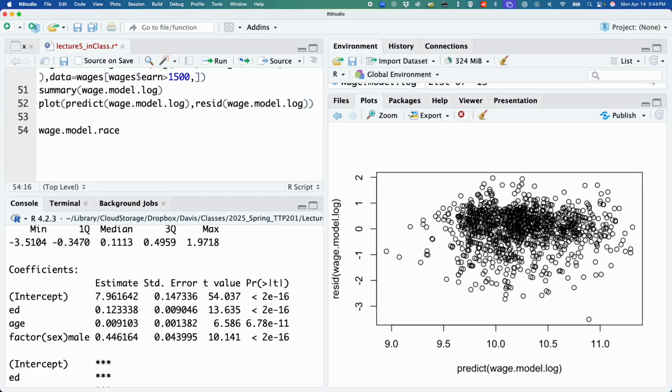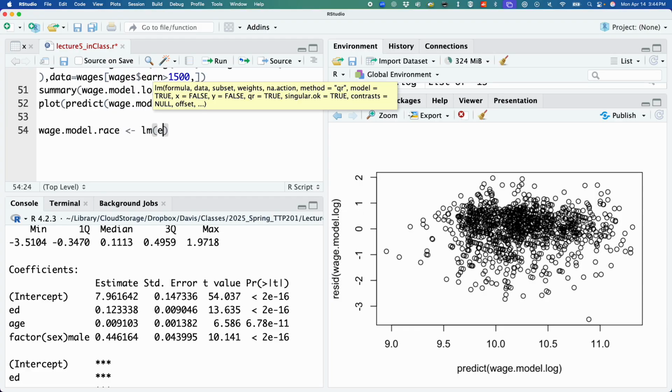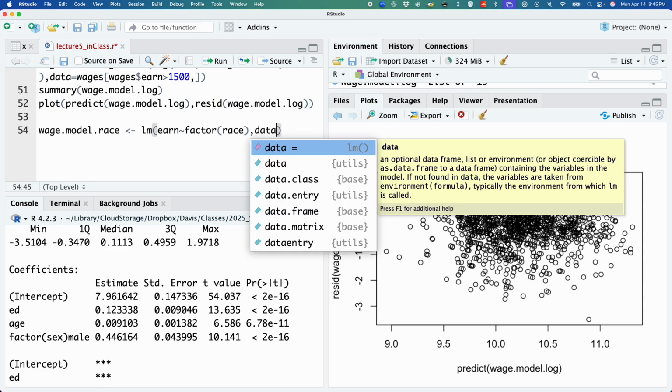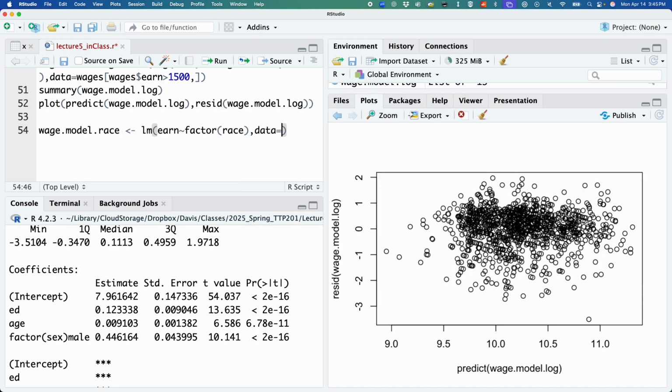Let's do, so this is more for the purposes of understanding the interpretations. And well, I guess I'll just keep this little filter thing on here.